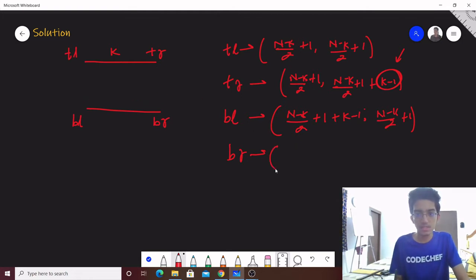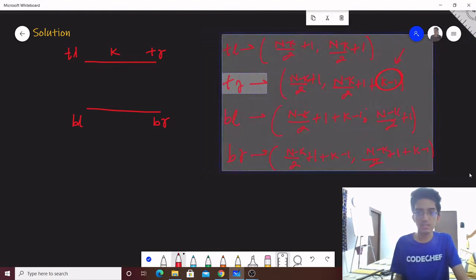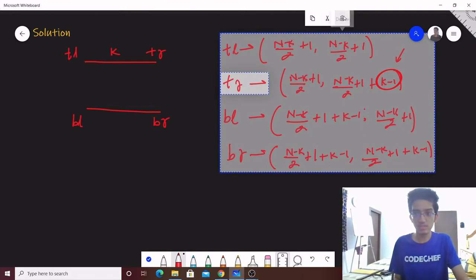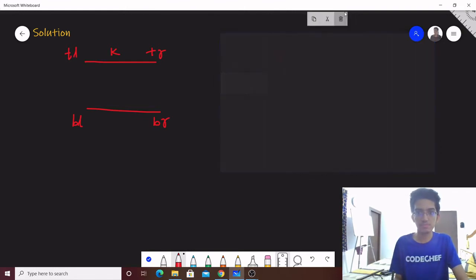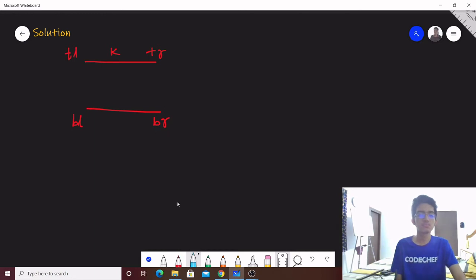So the bottom right will be n minus k by 2 plus 1 plus k minus 1, comma, n minus k by 2 plus 1 plus k minus 1. Okay, so these are the coordinates. We won't be needing them for now, so I will just remove them. Now we have some snakes which are lying like this, this, and this.